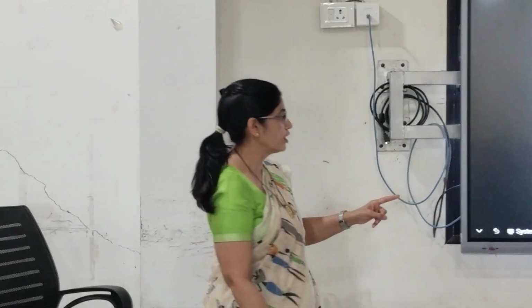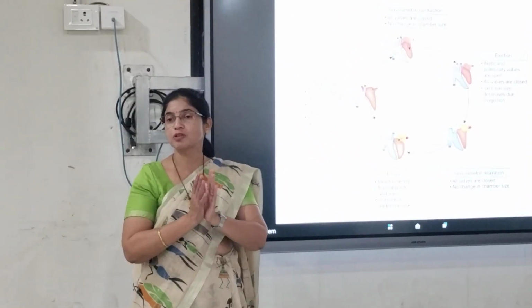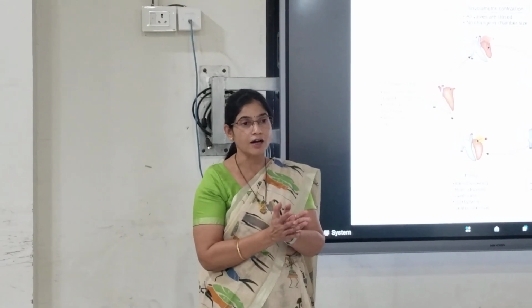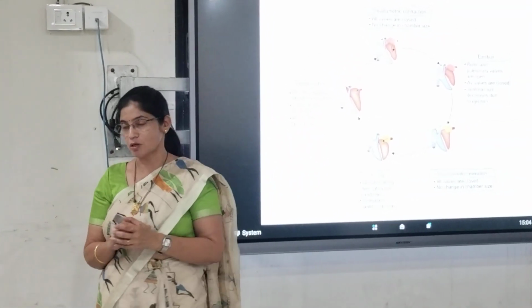The third heart sound is due to the rapid filling phase, because when the blood rushes very rapidly into the ventricles, it produces some sound called the third heart sound. Atrial contraction also produces some sound called the fourth heart sound. So these four heart sounds you can hear with the stethoscope.